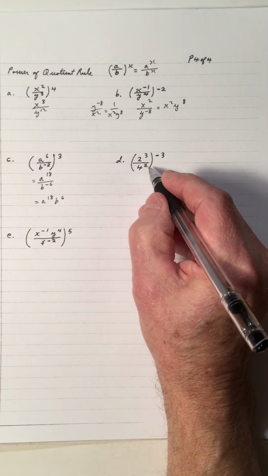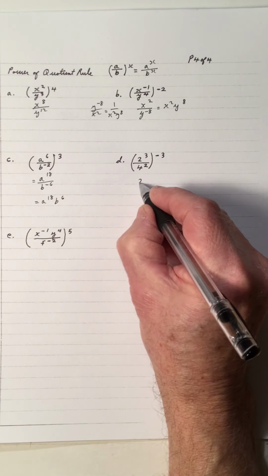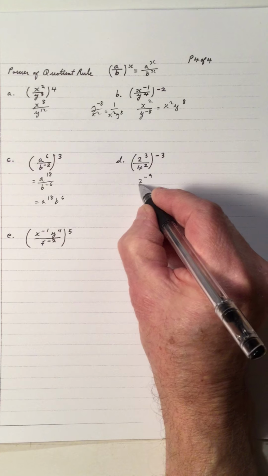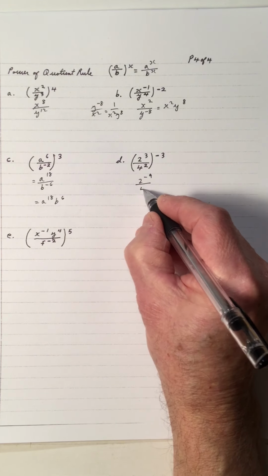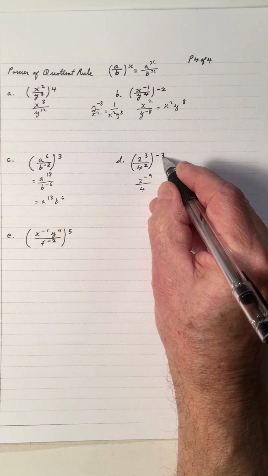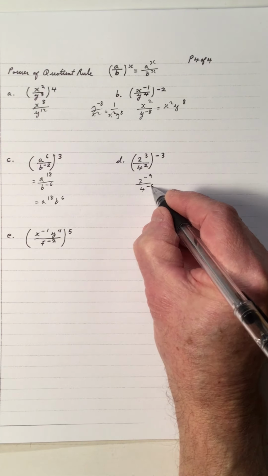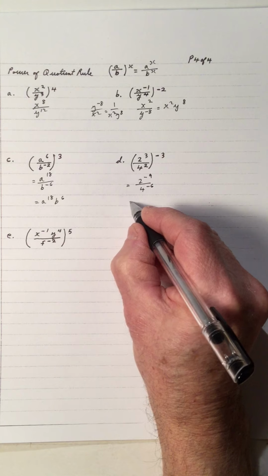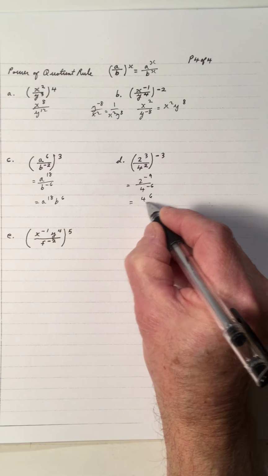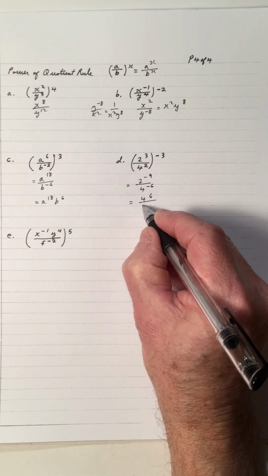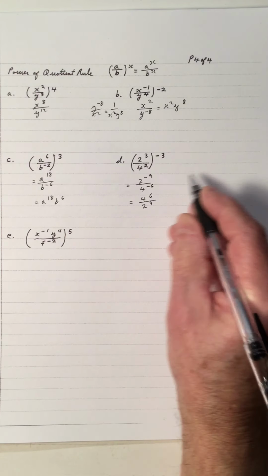And we simplify this, we have 2 to the negative 9 all over 4 to the negative 6. So that becomes 4 to the 6 all over 2 to the 9.